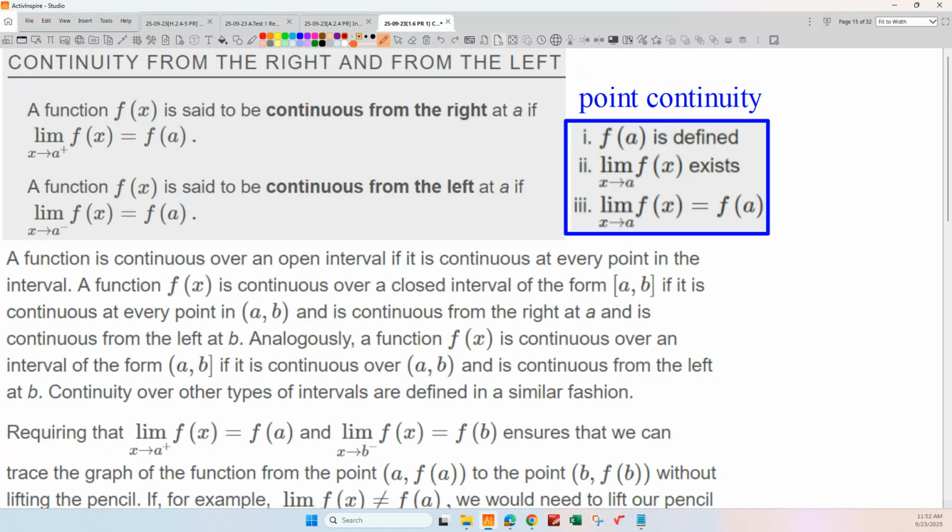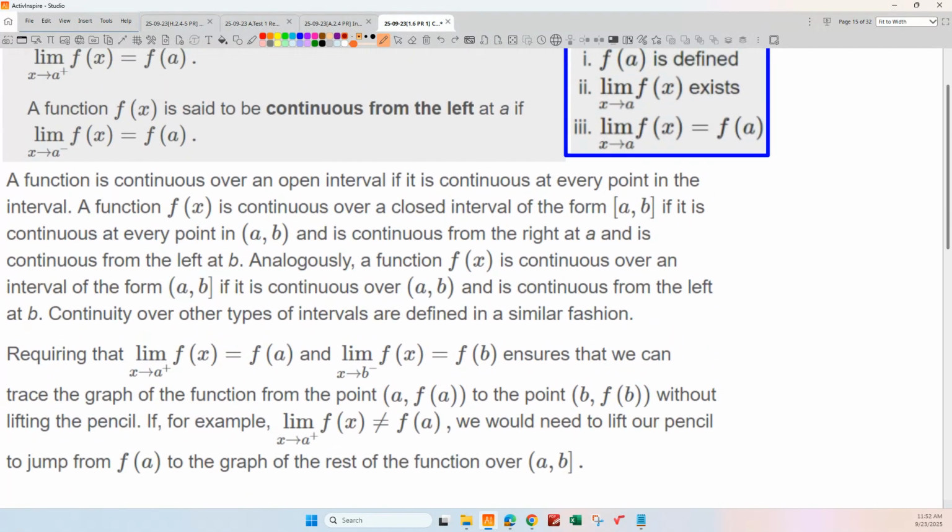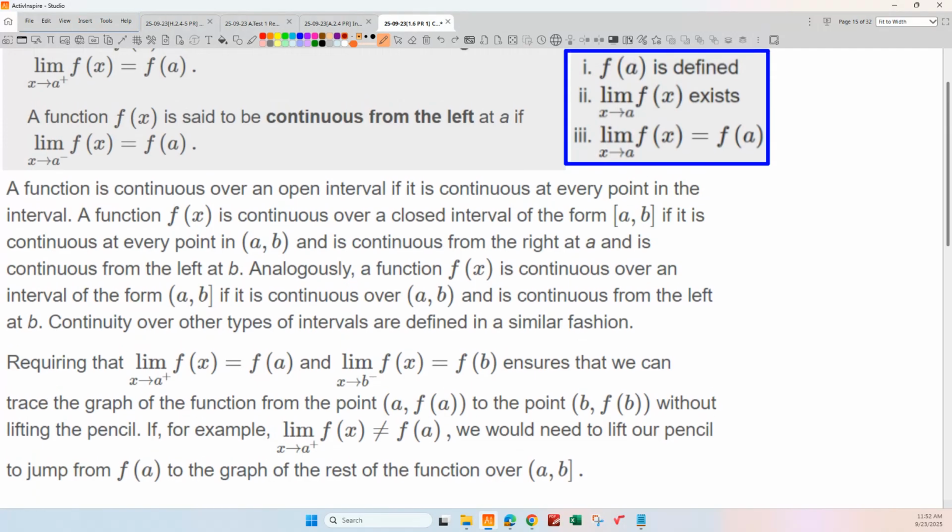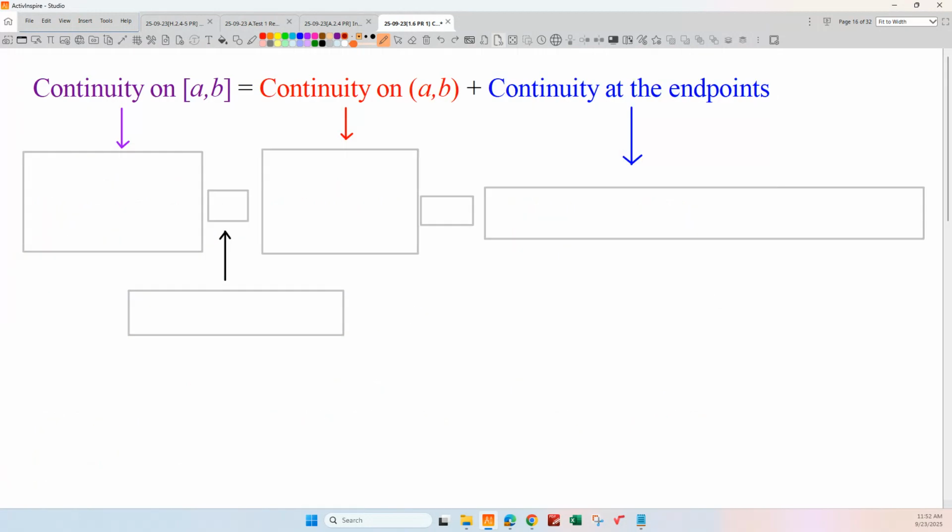If we combine all that stuff then, we would say that a function would be continuous on the closed interval from a to b if it's continuous on the open interval, right?